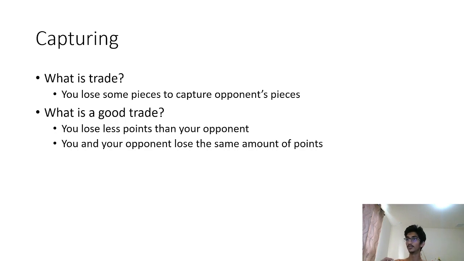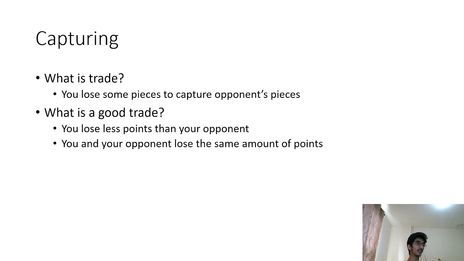It's a good trade if you lose fewer points than your opponent, and it's an okay trade if you and your opponent lose the same amount of points. But if you're losing more points than your opponent, for example, you're only getting a pawn and you're losing a queen, which means that the opponent is getting a queen, then your opponent gets 9 points and you get 1 point. And since 9 is bigger than 1, that's not good for us, so we should not go through with that trade.